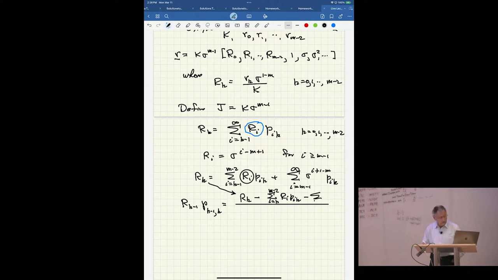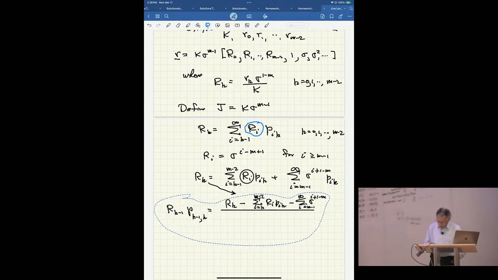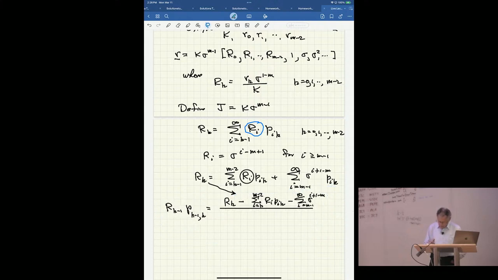That's from i equals m minus 1 to infinity of sigma to the i plus 1 minus m. All of that times p sub ik.